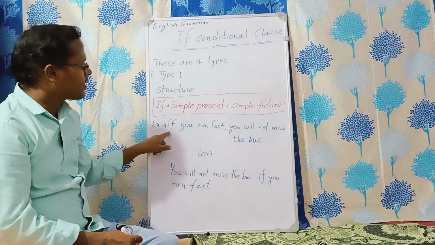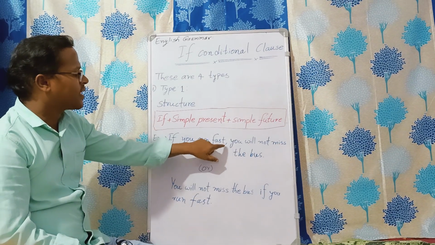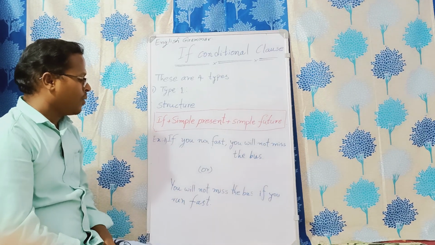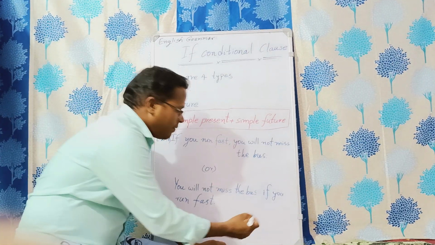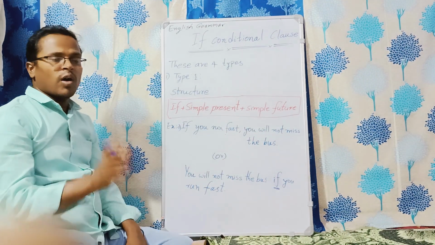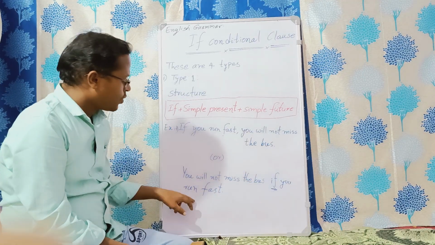If you use the conditional clause in the beginning, you have to mention a comma and then the consequence. Always remember this point: if is always used before the condition.